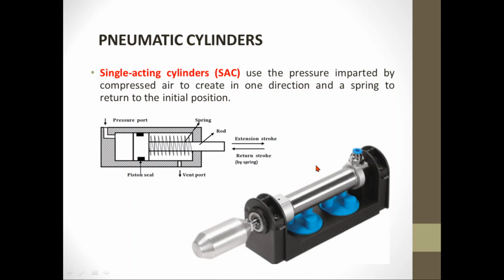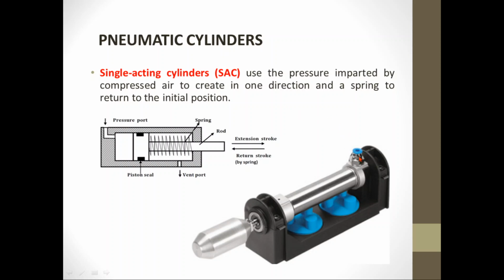This would be the typical actual appearance of a single acting cylinder. There is only one service port. This port will be connected to the corresponding directional valve, wherein air will flow through this port.